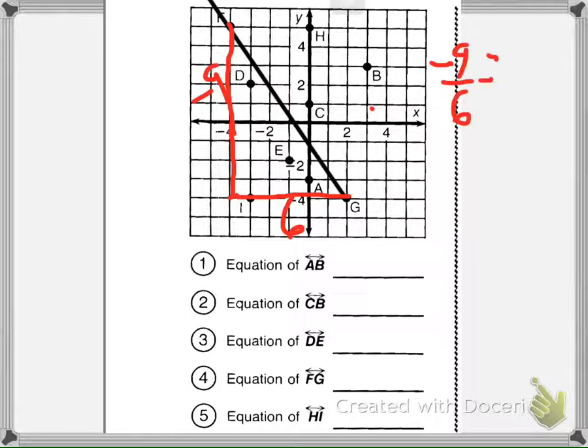If you do this on your calculator, you're going to get negative 1.5. Whoops, I did not mean to do that. So y equals negative 1.5x. And if you look where the line is crossing, it is crossing right here at negative 1. So minus 1. Okay, last one.